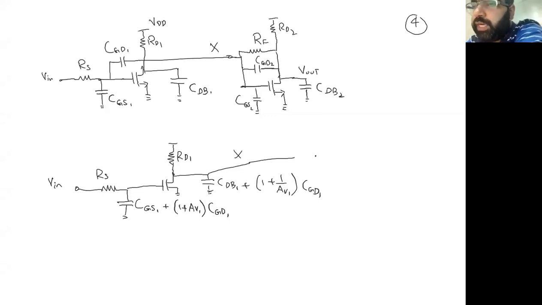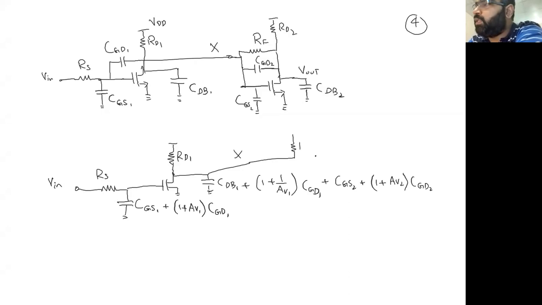If we see this point, CGD2 will also come here, and CGS2. So let's first write CGS2 plus CGD2, that will be 1 plus AV2 times CGD2. Okay, this comes to us.